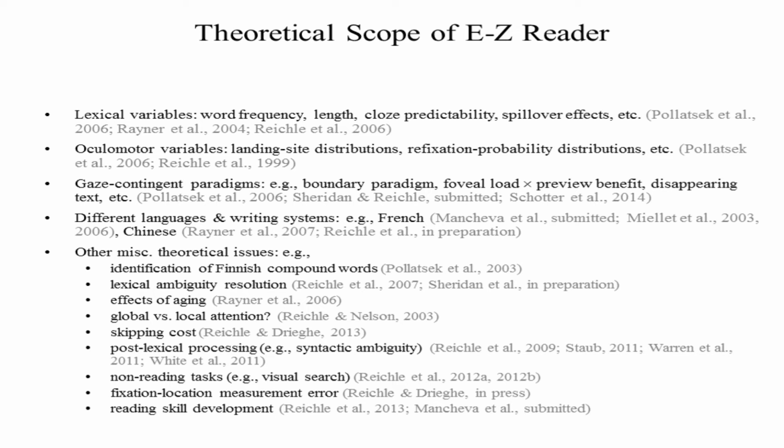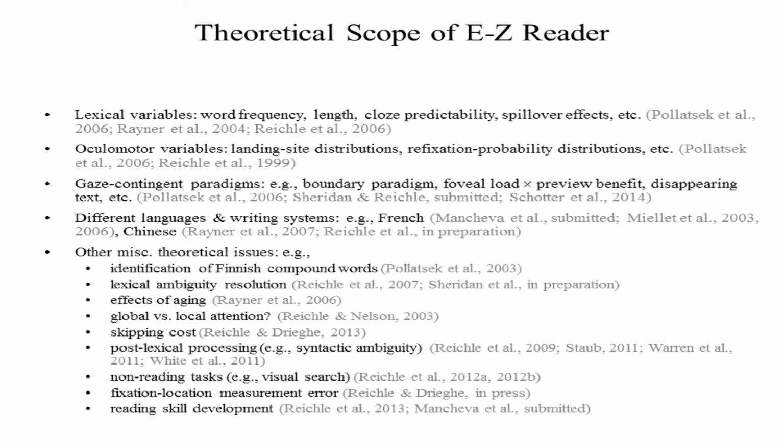So for example, how words with multiple meanings, how the correct meaning is activated either in the presence or absence of supporting context, or the effect of aging, or something that I'm going to talk about at the end of the talk, the development of reading skill.